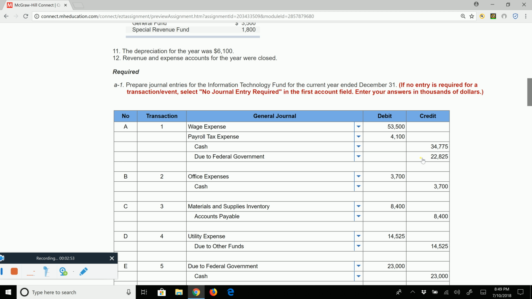The amount due to the government is really the amount of the employer and employee share of Social Security plus the employee's federal income tax. That amounts to $22,825. The difference is going to be credited to cash, which is basically the payday.